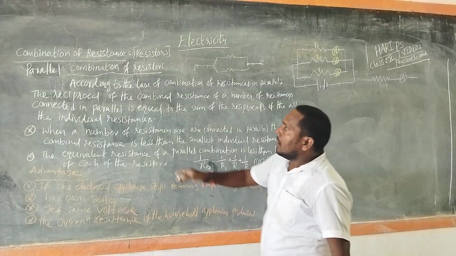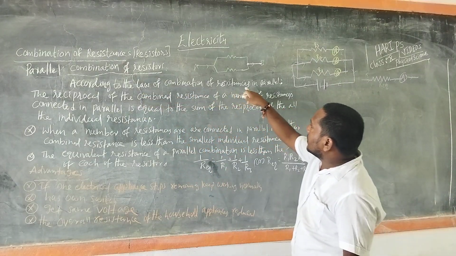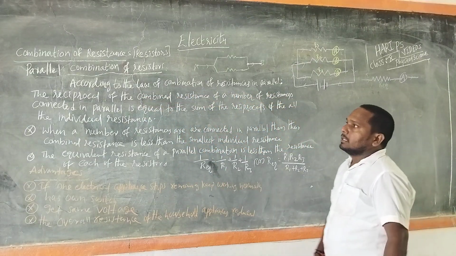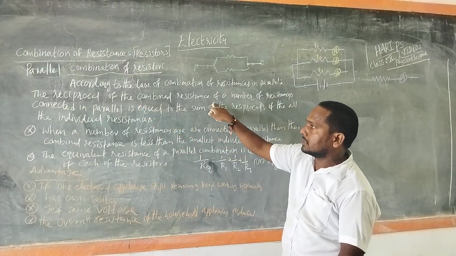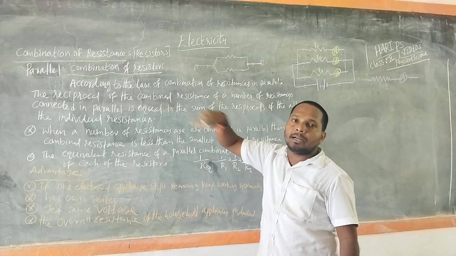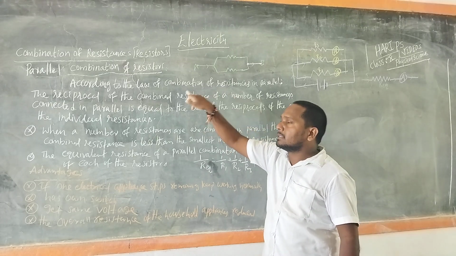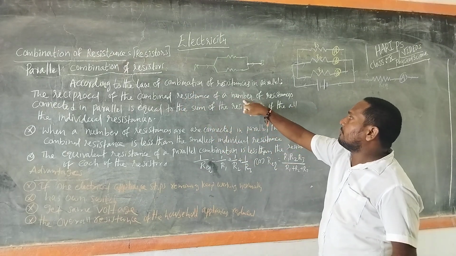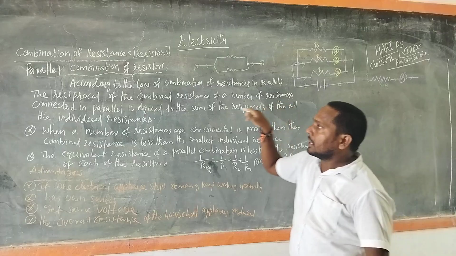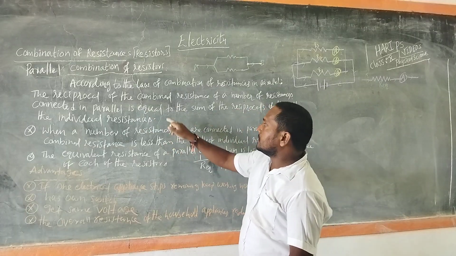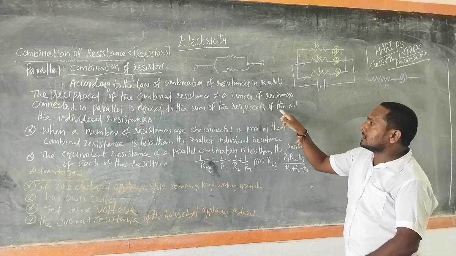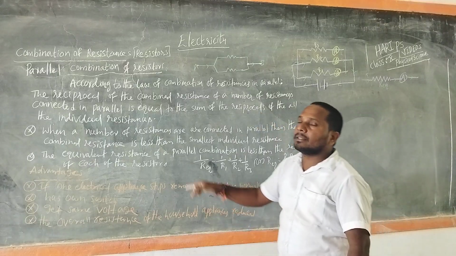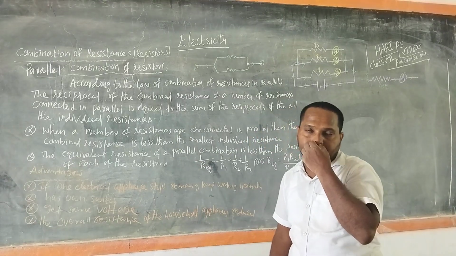According to the law of combination of resistances in parallel, the reciprocal of the combined resistance, or the equivalent or resultant resistance, of a number of resistances connected in parallel is equal to the sum of the reciprocals of all the individual resistors.